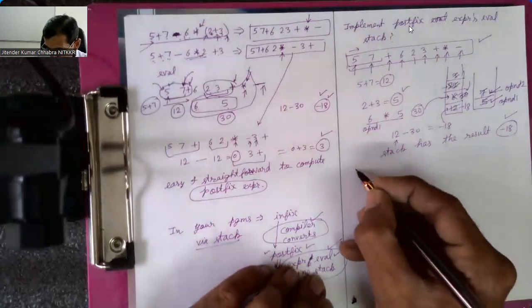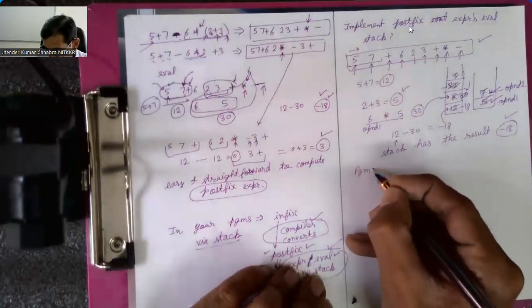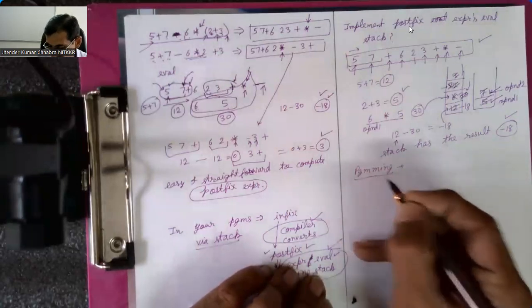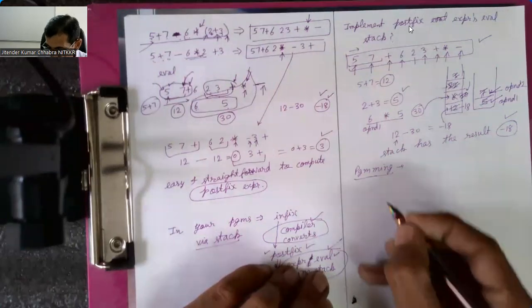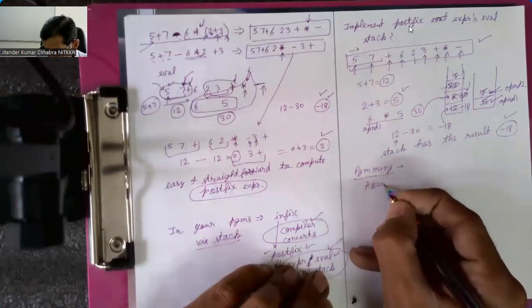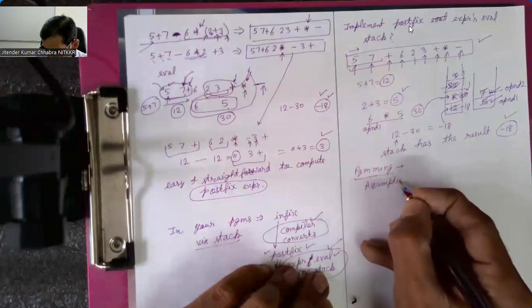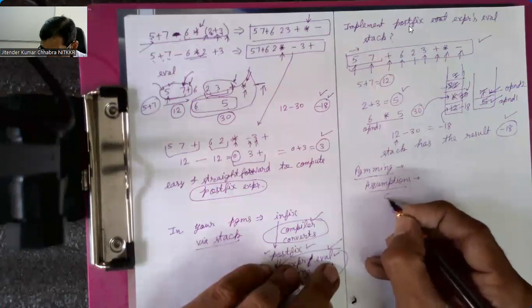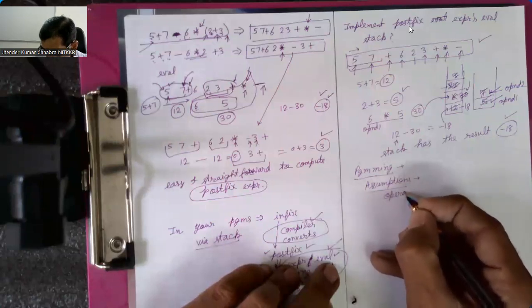So let's go towards the programming aspect of this, and now we will do the final coding for this. From the programming viewpoint, we make certain assumptions. For simplicity, we are assuming that the operands are single digit only.